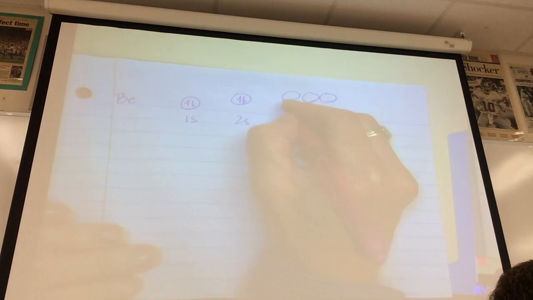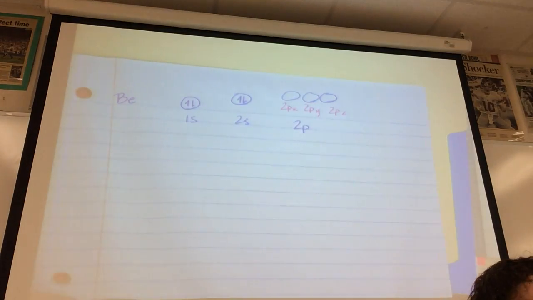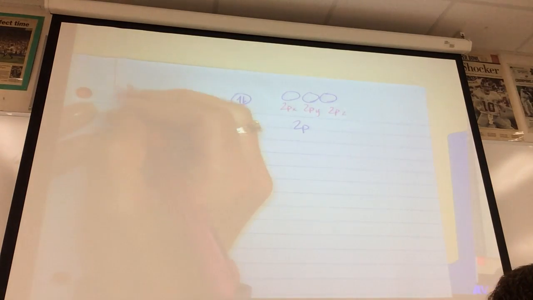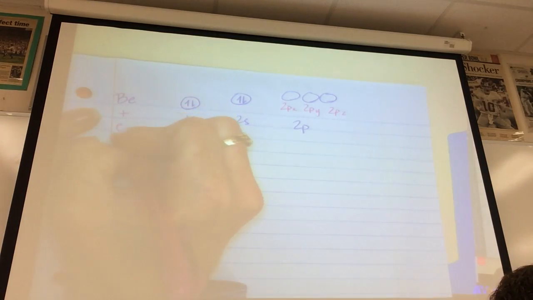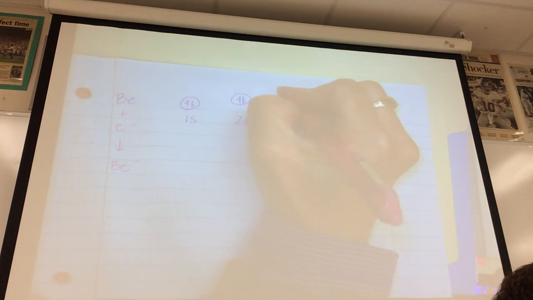This would be 2px, 2py, 2pz for the axes. Okay, so if beryllium was going to attract and hold an electron, it would form a beryllium ion as such. And where would we stick the electron? 2px, right here.